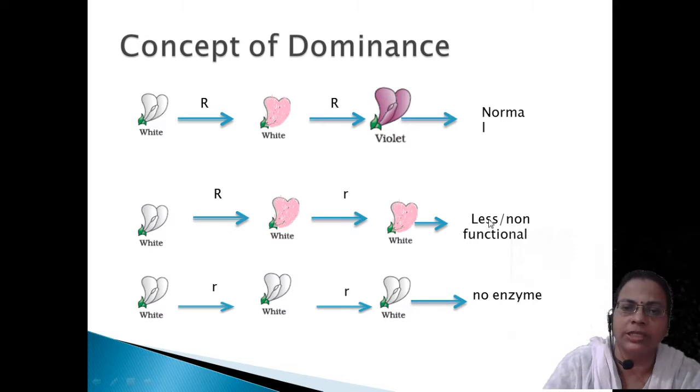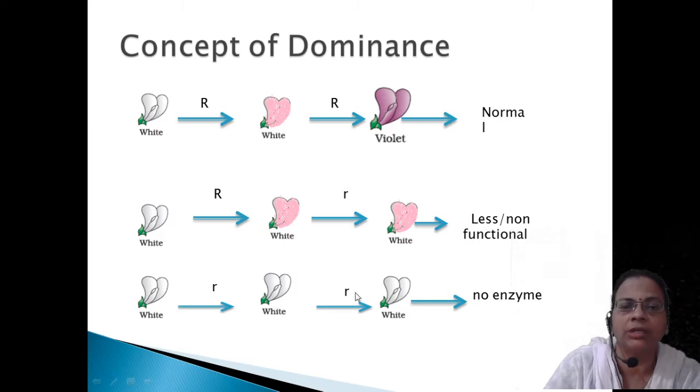And if it is a lesser amount, half the amount of enzyme only is produced, because one allele is normal and the other allele is modified, they will remain in an intermediate position, that is, not white but pink color. The white will convert into pink, but that much amount of enzyme needed to go from pink to red is lacking, so they remain as pink itself.